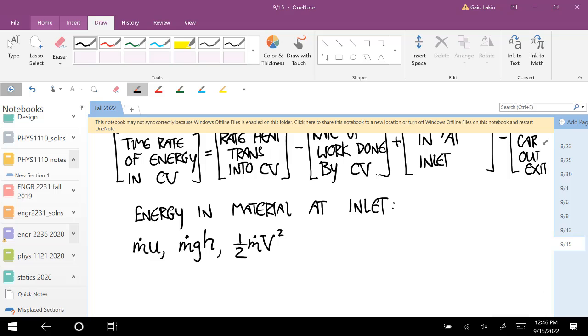And then we also have the work that's done by the material that's pushing its way into that inlet.